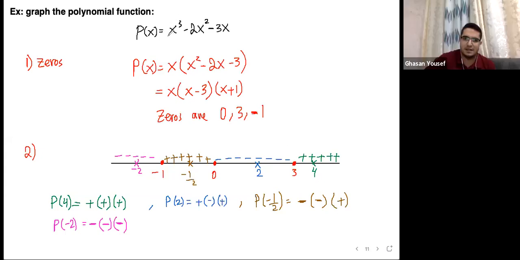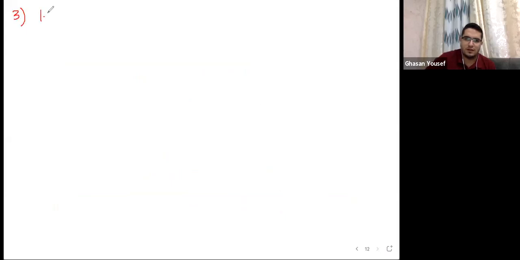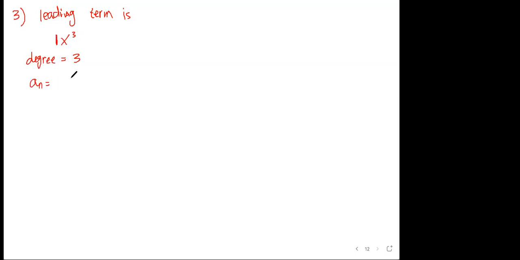Yes, this is the leading term, 1x cubed. So what is the degree? It's 3, correct. What is a_n? 1. Exactly. Is it positive? Yes. So the degree is odd here.